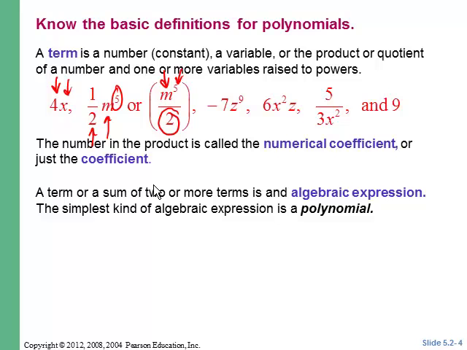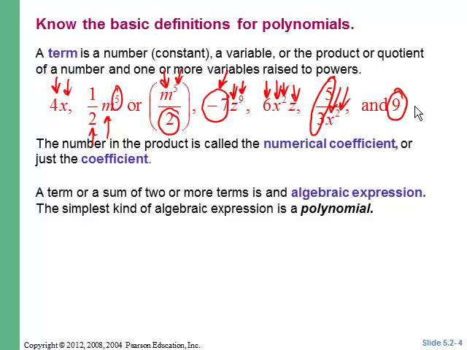The constant is actually 1/2. This whole thing is the constant. -7 is the constant, variable, power. Constant, 2 variables, power. Here the constant is 5/3, the variable and the power, and here is just a constant term.